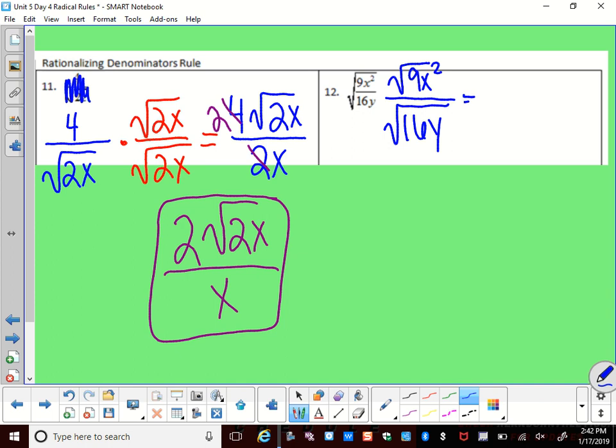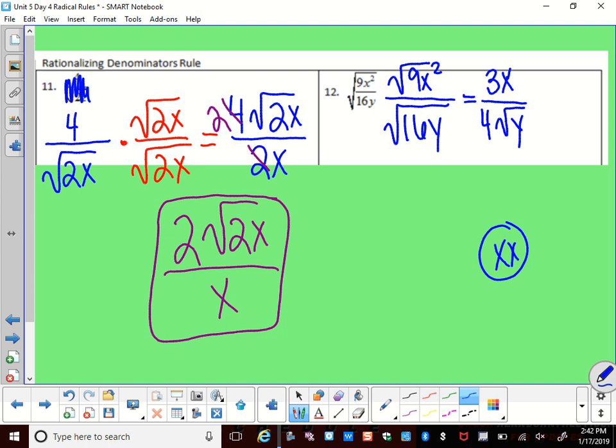On top, what's the square root of 9? 3. And then I have 2 x's, I need a group of 2, so how many groups come out? 1. That's the top. On the bottom, what's the square root of 16? 4. And my y has to stay, because I don't have enough to bring it out.